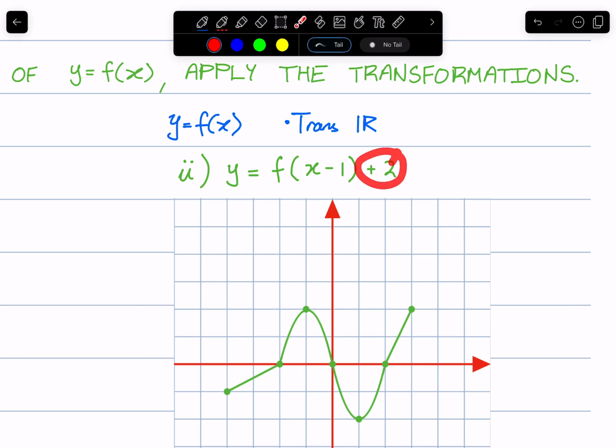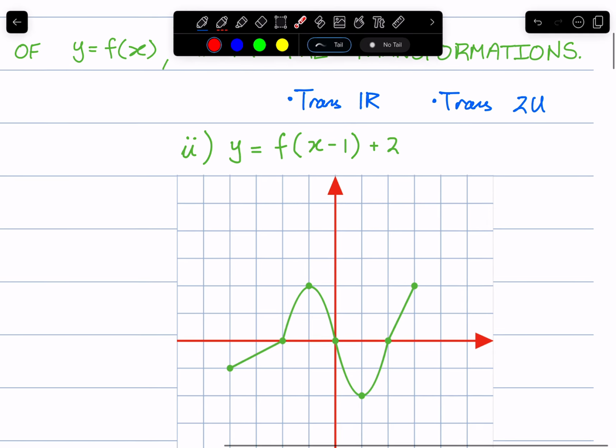And this plus 2, remember, doesn't appear unless it has been substituted for x. But this has come from y minus 2 equals f of x. So that means that was a translation 2 units up. Now, remember, these are 2 translations, so the order of this won't matter.